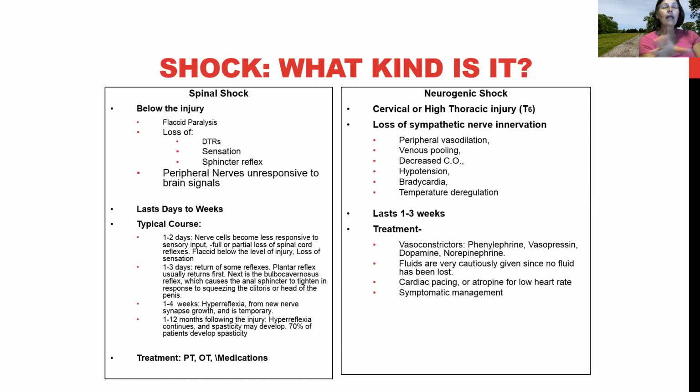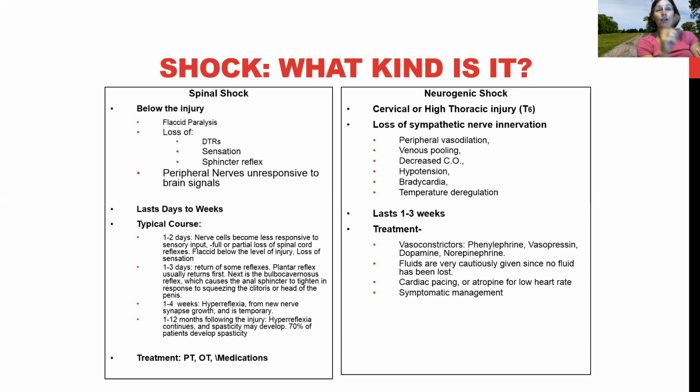So everything dilates. They lose sympathetic nerve innervation. All they have left is parasympathetic tone. So they have vasodilation, venous pooling, a lower cardiac output, a low blood pressure, bradycardia. Every other shock on the face of the planet causes tachycardia. Neurogenic shock causes bradycardia because it's blocking the sympathetic response.